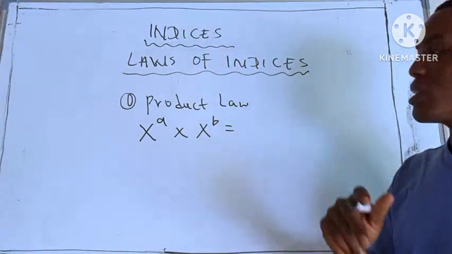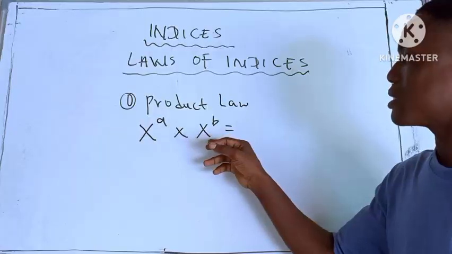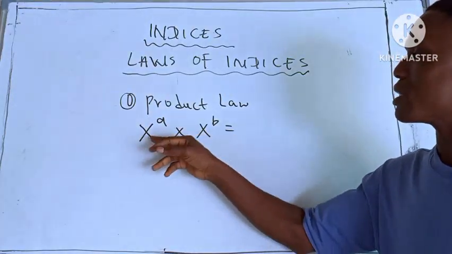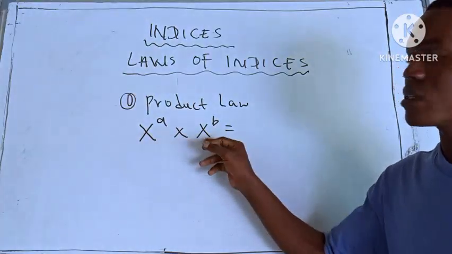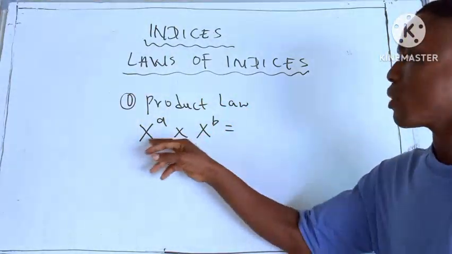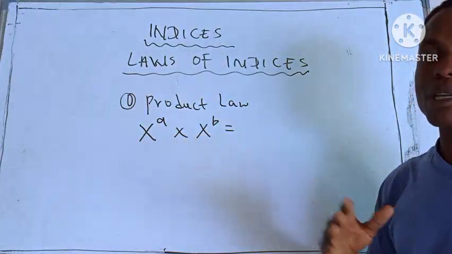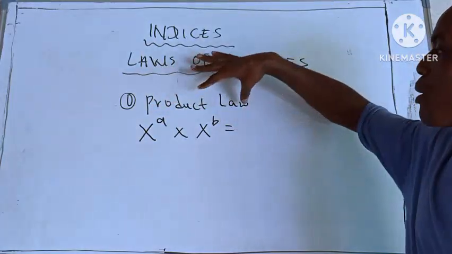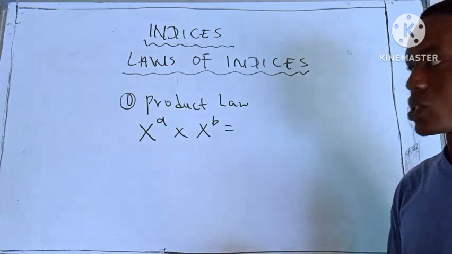The law states that if the two base numbers are the same, or the two alphabets, these down ones are called the bases. We have two here: one is called a base, the two are called bases. The down alphabet or down numbers are the bases, while the upper ones are the exponents, or index alphabet or index numbers.